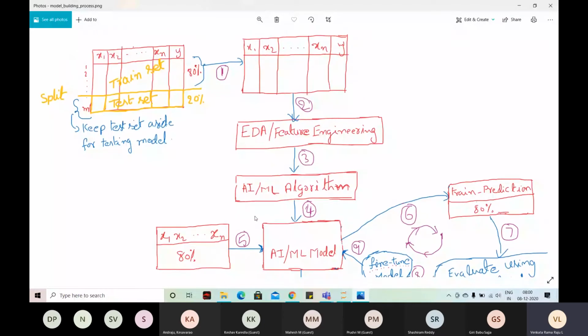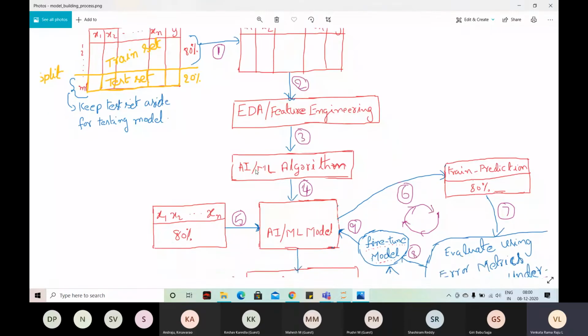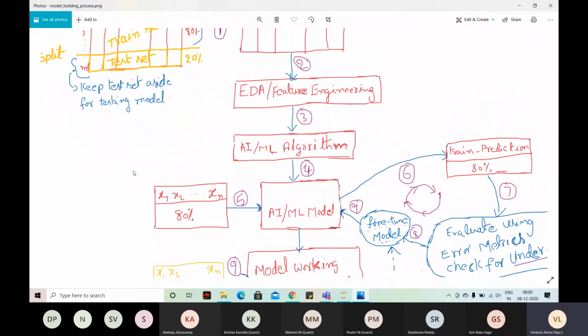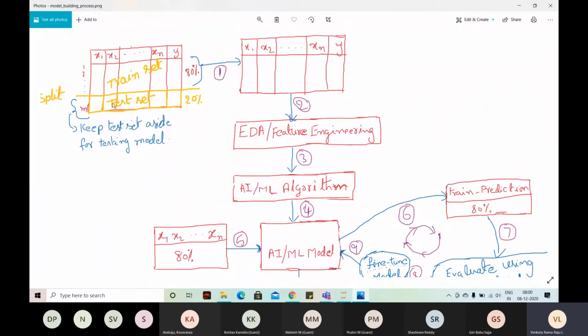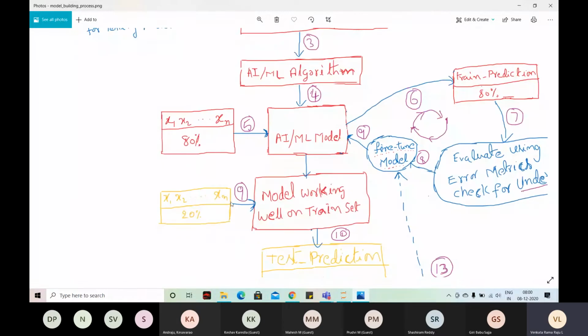One of the things is converting categorical columns to numerical columns. Suppose that you did label encoding on this train set. One of the columns you converted to numbers. But if you look at the test set, you took this test set and kept it aside.